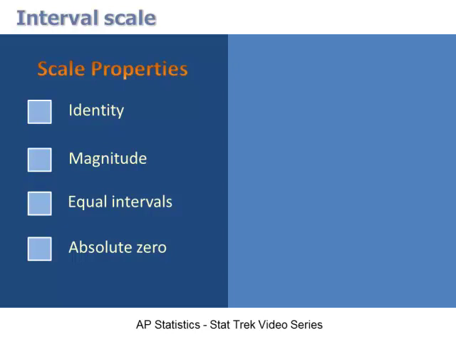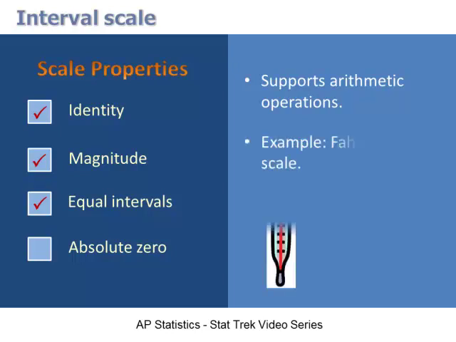The interval scale of measurement has properties of identity, magnitude, and equal intervals. Arithmetic operations like addition and subtraction are allowed on an interval scale. A perfect example of an interval scale is the Fahrenheit scale to measure temperature.